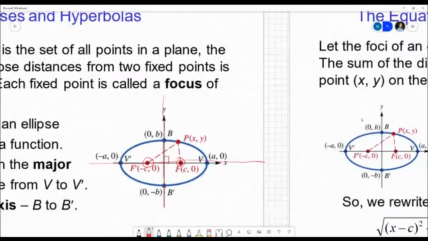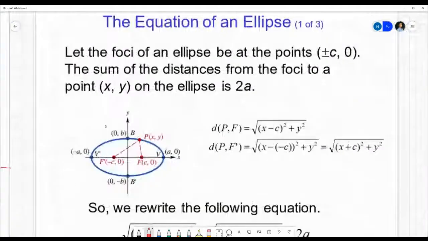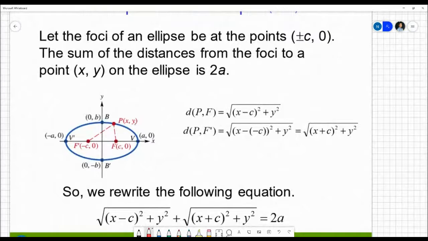Let's look at the equation here. We derive the equation by finding the distance. The a value is from the center all the way out to one of the vertices, and of course they are equal distance from the center.